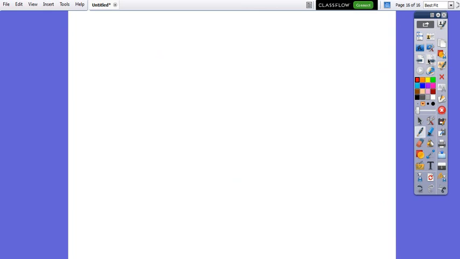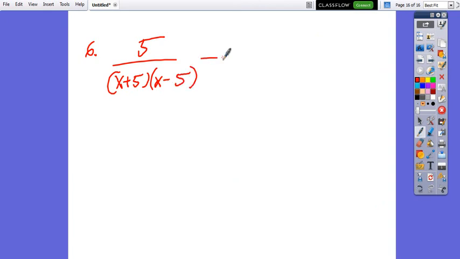All right, so you've got your LCD. Let me write down the factored form of these things. So in the factored form, the first fraction is x plus 5 times x minus 5. And I want to make this a subtraction problem. So we're going to subtract xy over x plus 5 times x plus 5.